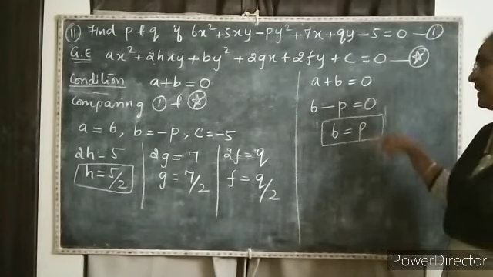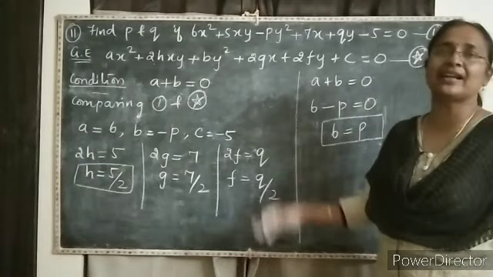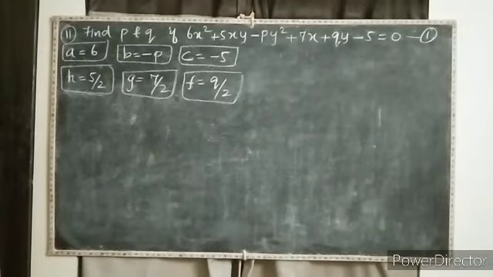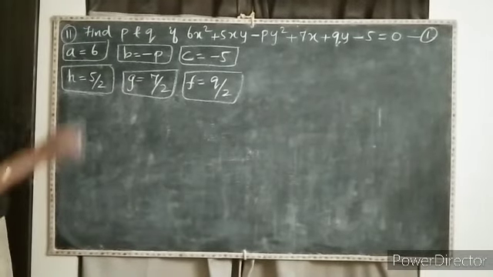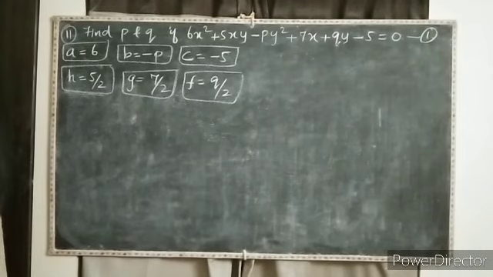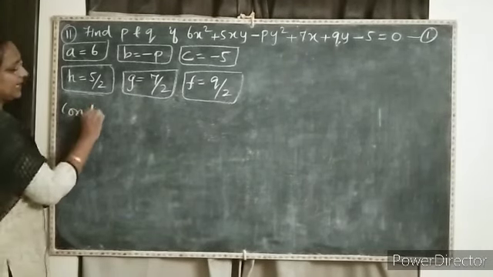Now with the help of the next condition, I am going to get the value of q. Students, in order to find the value of q, we are going to use the condition for the pair of straight lines. I told you, isn't it the second condition?